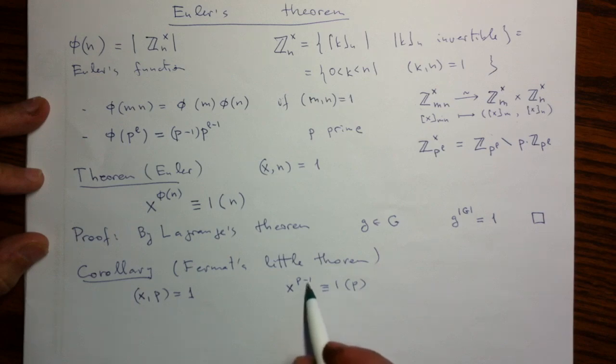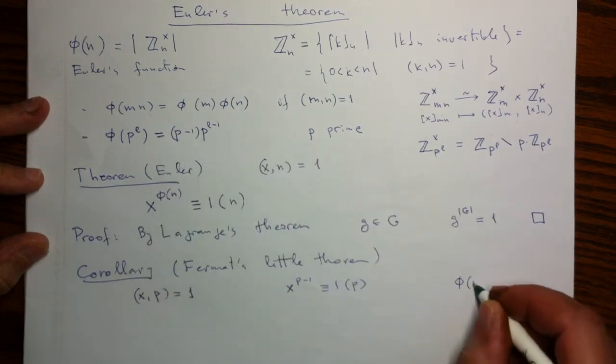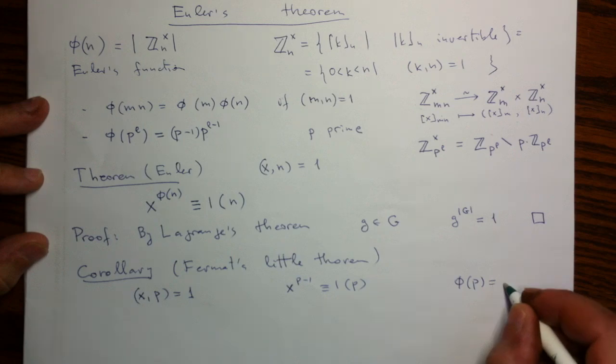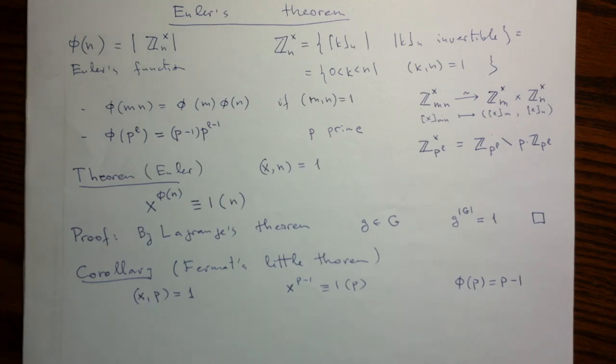And it's just because it follows from Euler's theorem, since by this rule Euler's value on the prime is p minus 1. There will be more applications of Euler's theorem, so stay tuned.